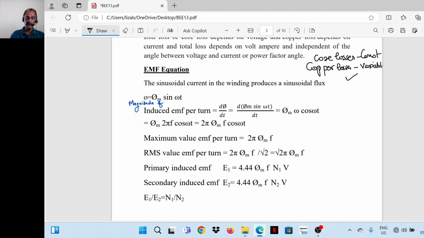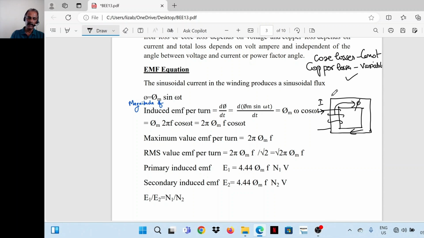Next is the EMF equation of the transformer. Consider the circulating flux through the core. This flux is produced by the current. Say the primary current is I. This produces a flux phi in the core.